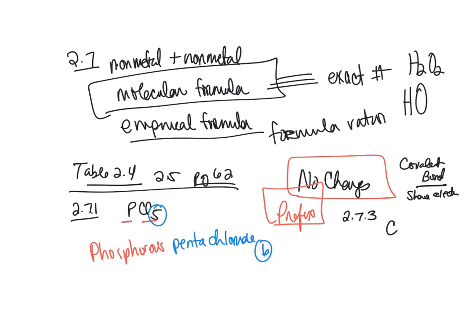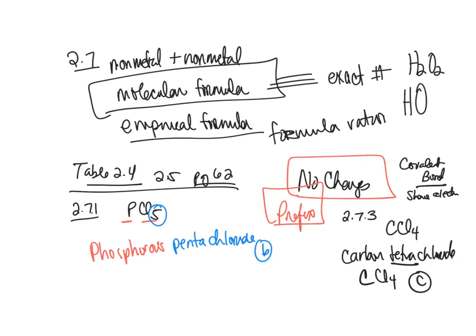Carbon tetrachloride: let's look at what that looks like. You just write carbon, and then the tetra means 4. So that's how you know you need 4, and that's going to be CCl4. And the empirical formula, don't even worry about that one.